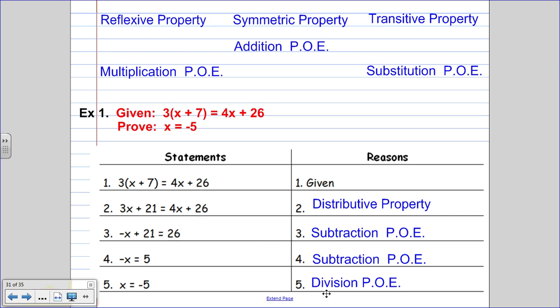Technically, when you get to step 4, negative x equals 5, you could choose to divide by negative 1 on both sides, or you could choose to multiply by negative 1 on both sides. So either property is valid justification for that step. Don't use both. You could choose to divide by negative 1 or multiply by negative 1, whichever your heart desires, but don't use both.